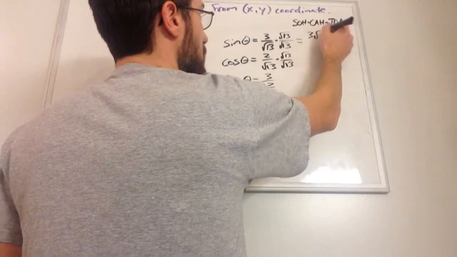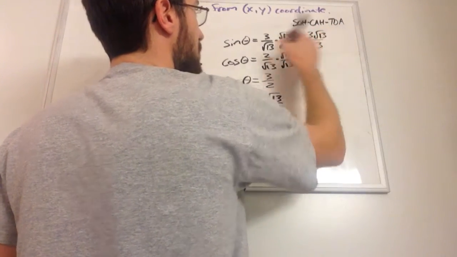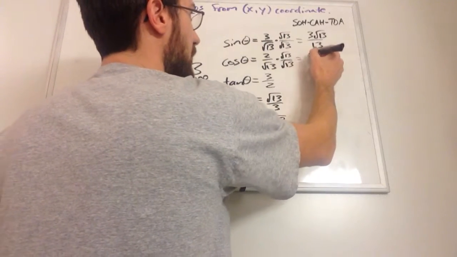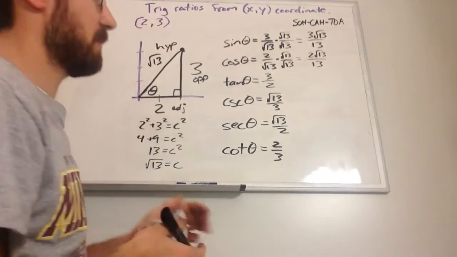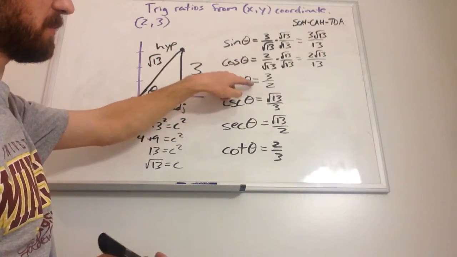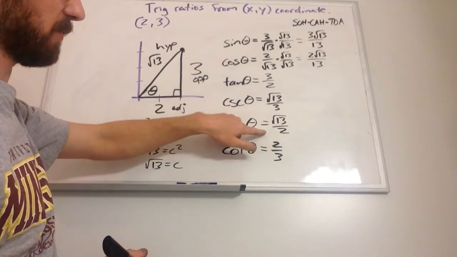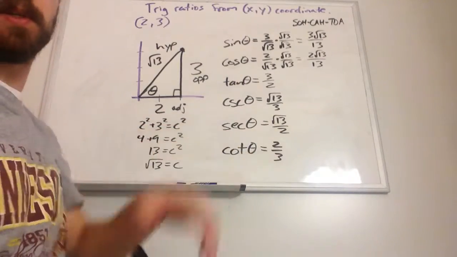And that'll make it 3 square roots of 13 over 13 for sine of theta, and 2 square roots of 13 over 13 for cosine of theta. Tangent is already reduced. This is in simplest radical form, this is in simplest radical form, and that's reduced.